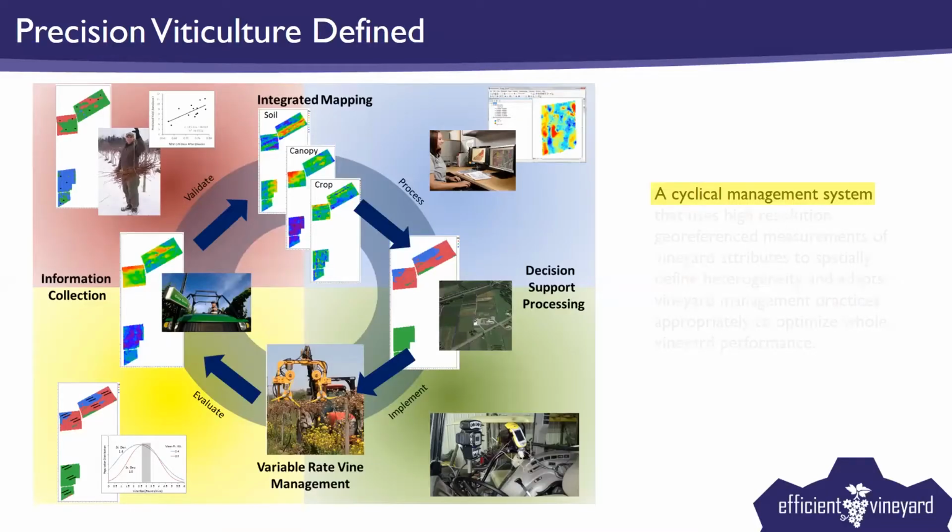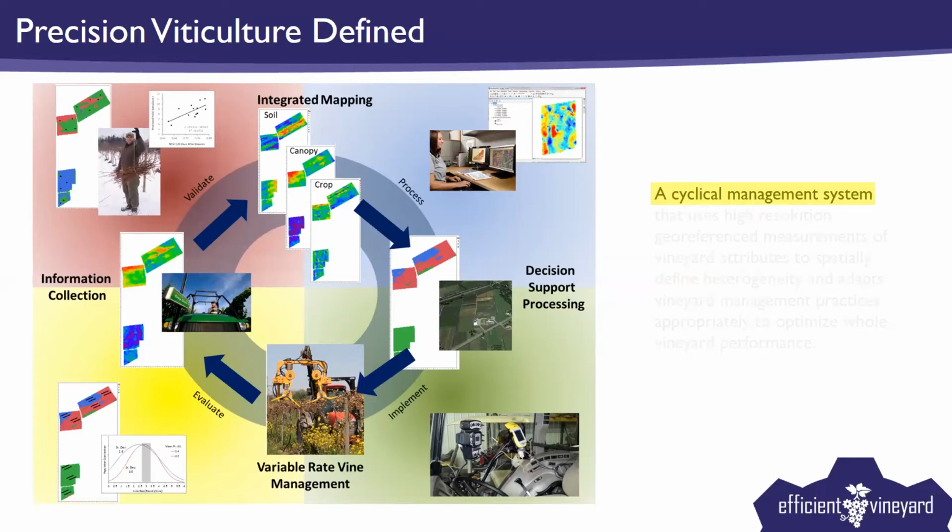Okay, so knowing this, let's propose a little bit of a new definition. First of all, precision viticulture is a cyclical management system. And cyclical means that it repeats itself. So we're collecting information, we're validating that in the vineyard, using off-the-shelf sensors, using our own 2 eyes, using an old-fashioned scale.